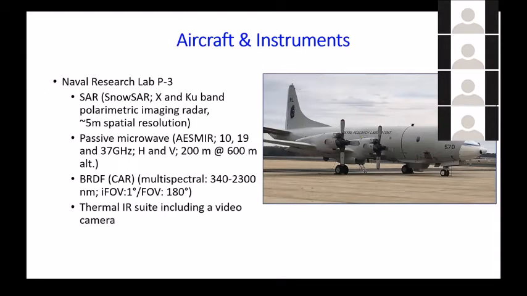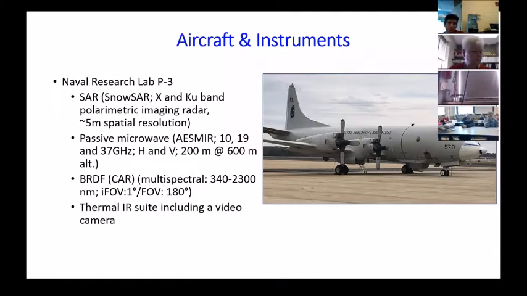Again, I'm not going to get into the details of this, but let me just suffice it to say that the 2 microwave instruments can see through clouds, so we don't need to worry about clouds for those. But the CAR, which is the instrument to measure albedo, and the thermal infrared suite, the one that we're most concerned about, we have to have clear skies to get accurate thermal infrared temperatures of the ground.